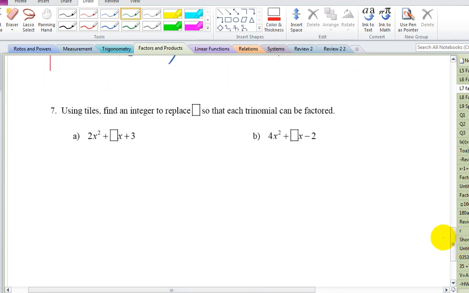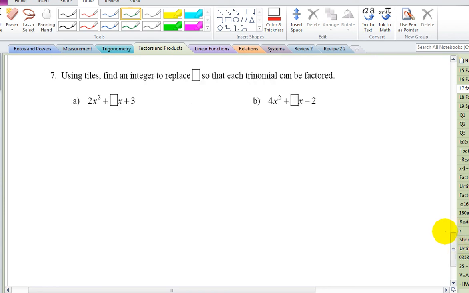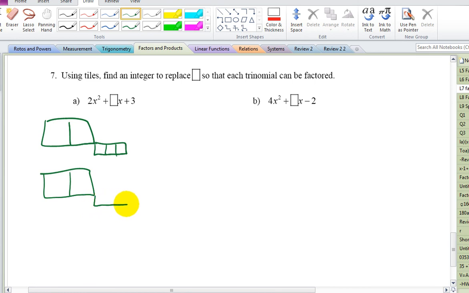Next two. So, using the tiles, find an integer. So, real quickly, if you don't want to draw the whole thing, that's okay. There's a 1 by 3 arrangement. Here's also a 1 by 3 arrangement.